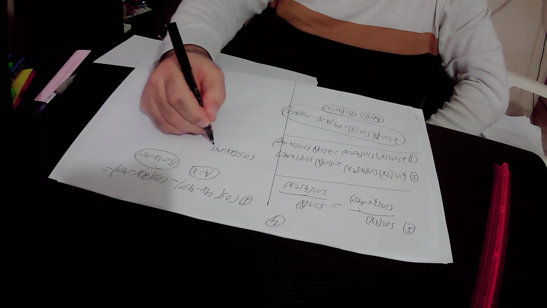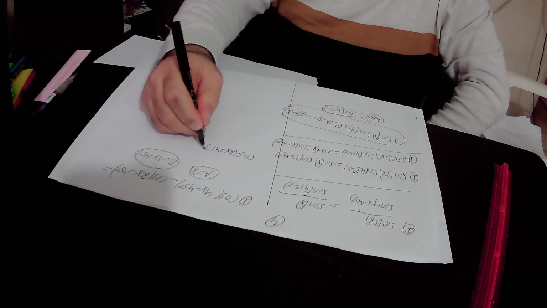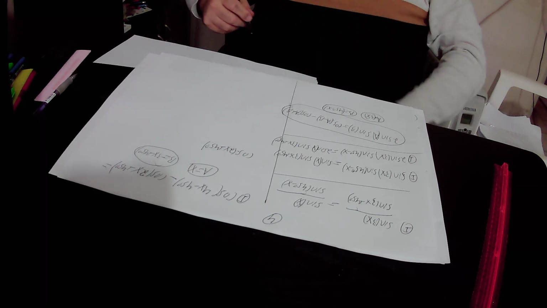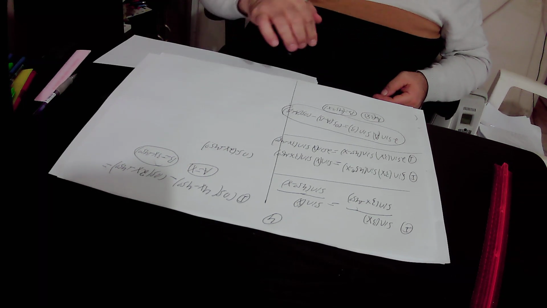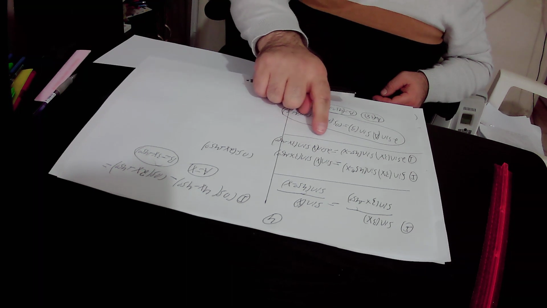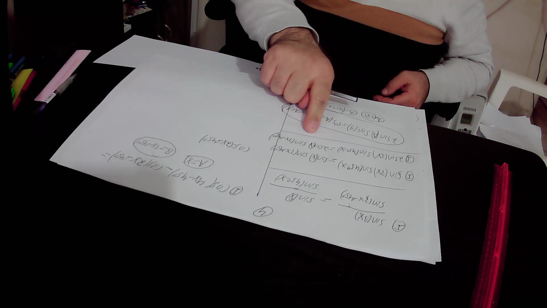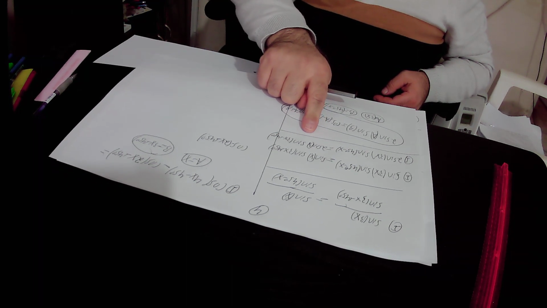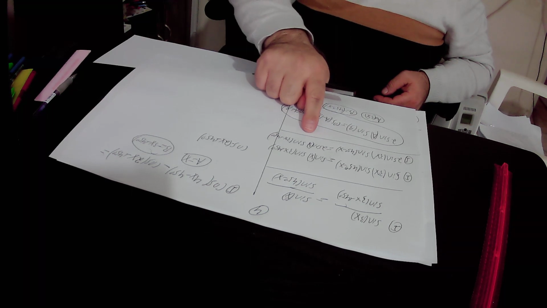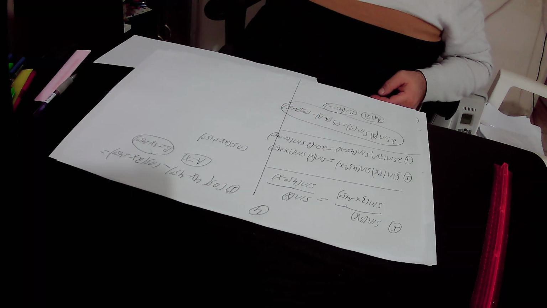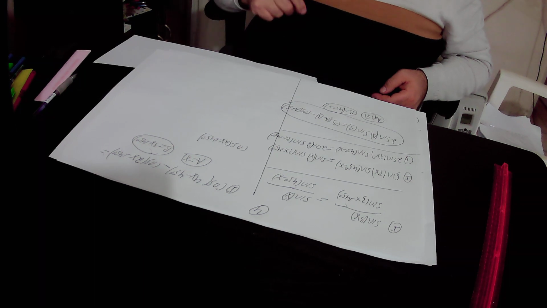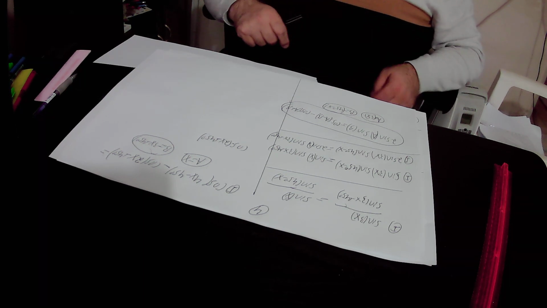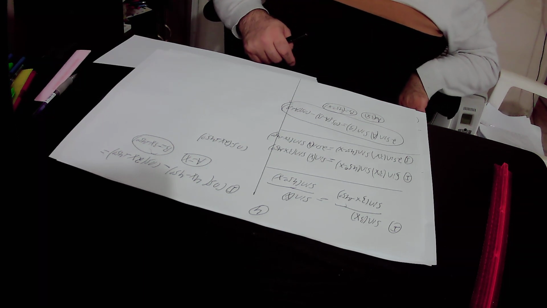So this expression 2 sine x sine (3x plus 45 degrees) is cosine of (minus 2x minus 45 degrees).